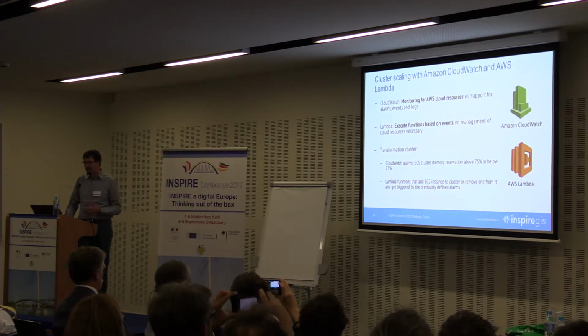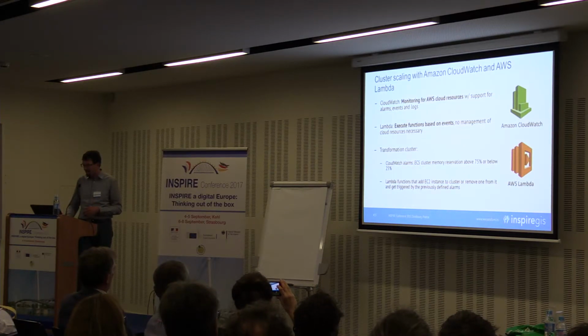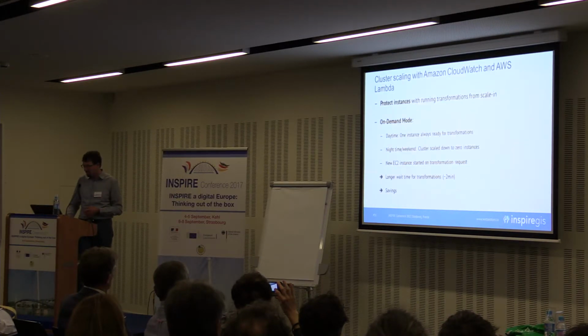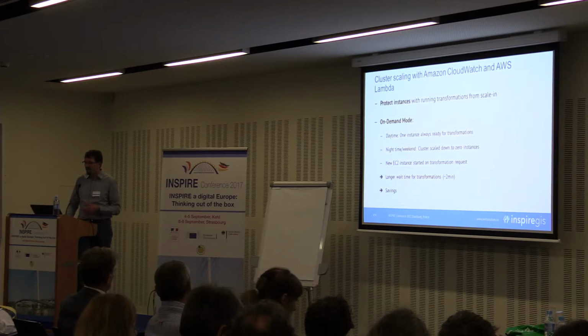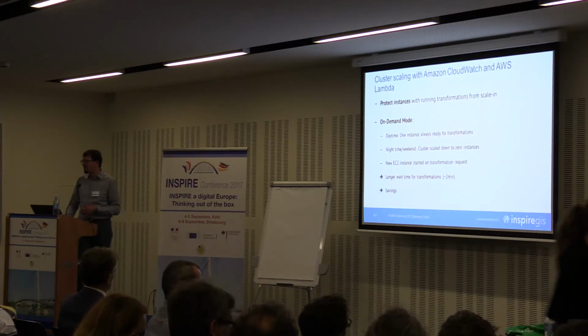But there are so many capabilities in the cloud today that help one build complex, cluster-like environments that really scale with demand and other factors. Even though there is a certain effort involved, it's still much, much easier than it used to be. Another thing we had to implement is an on-demand mode, also making sure, because some transformations can run quite long.